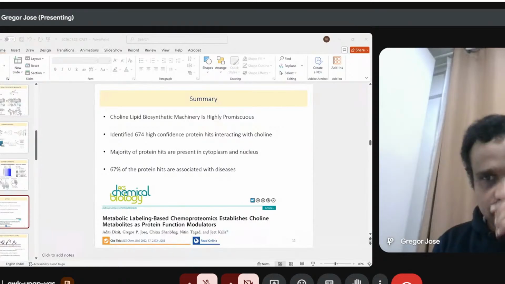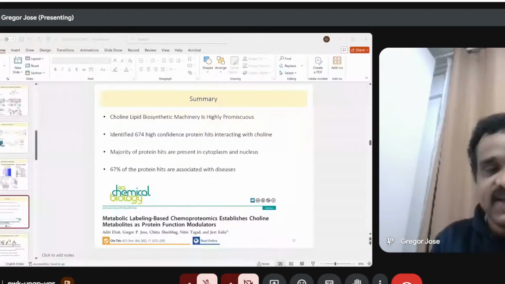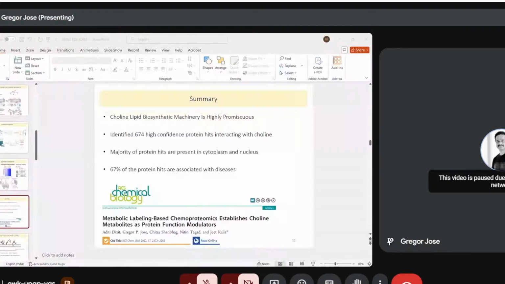So this is the first time we wanted to show whether there is a function for these lipids, and that's why we made this method where you make PC lipids reactive and identify those proteins which are present close to PC lipid, which are modulating cell function. That's the main reason we started this project.